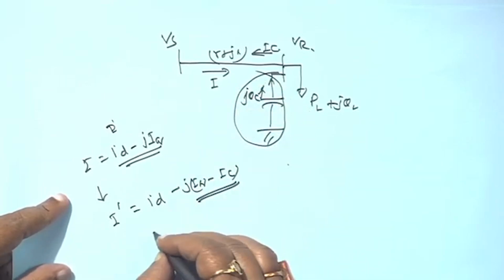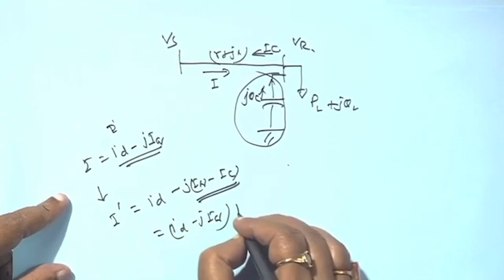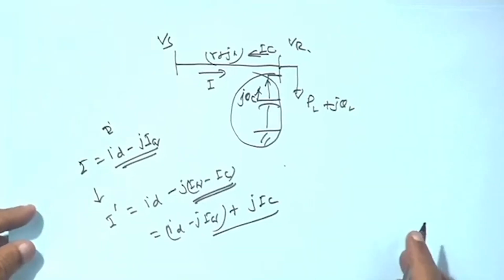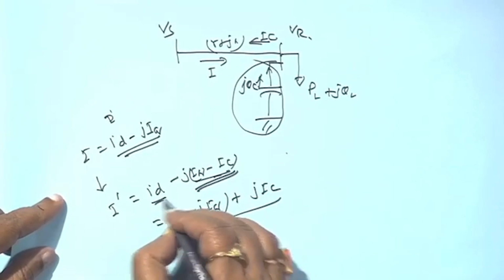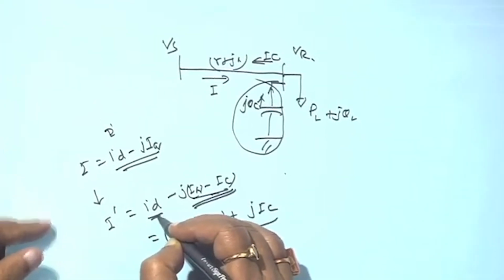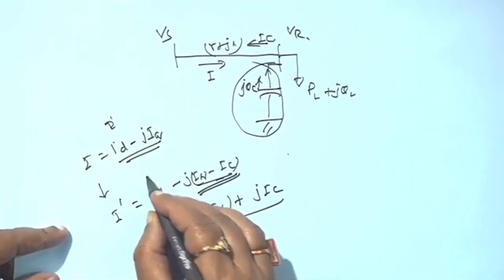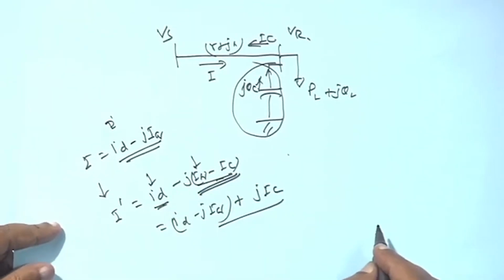So this is actually Id minus jIq, right, plus jIc, we can write this way. Actually this part is getting decreased, but this part almost does not change. Because of the voltage improvement, if you go through computer simulation you will find a slight change, but for our understanding, say this part remains constant, this part also remains constant with the capacitor.